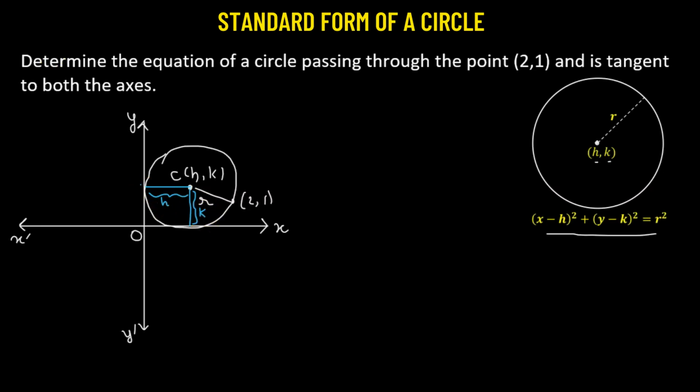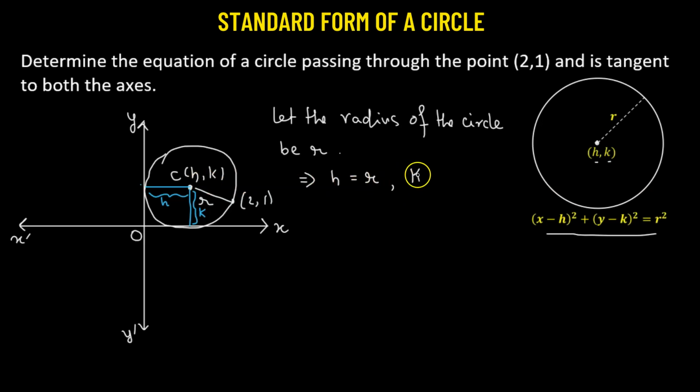Now if we let the radius be r, then the value of h is equal to the radius r, as well as the value of k, which is also equal to r. Now that we have h and k represented in terms of the radius r, we can use the standard equation. So we have (x minus r) whole squared plus (y minus r) whole squared equals r squared. Let's label this as equation number 1.